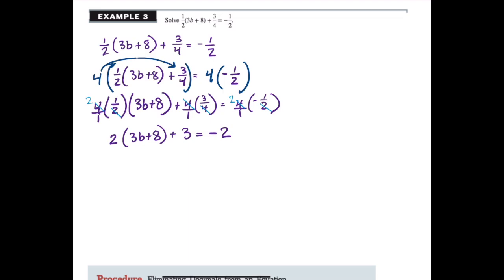So notice now how all of the fractions have been eliminated. Now we don't have to worry about the fractions. Now we have a problem like what we had before. So this 2 will distribute to both terms. 2 times 8 is 16.